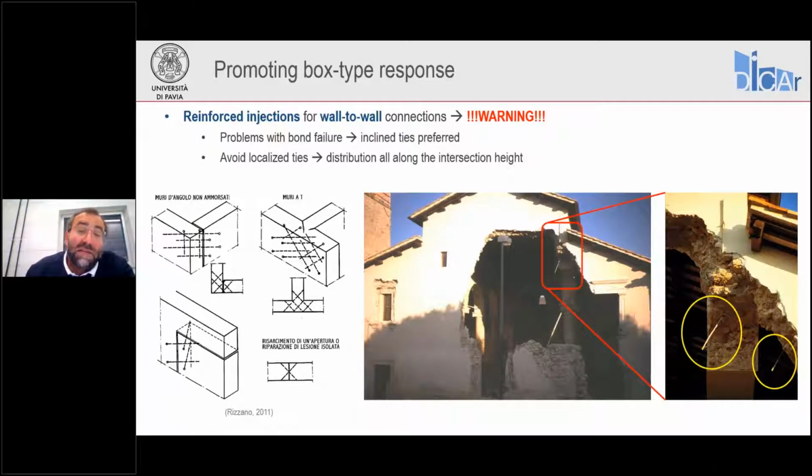It didn't prevent the overturning of that wall. So again, be careful when you adopt this kind of measures. Make sure that the way they can be implemented are actually effective. Otherwise, you are doing something that has no significant effect on the final performance of the building.